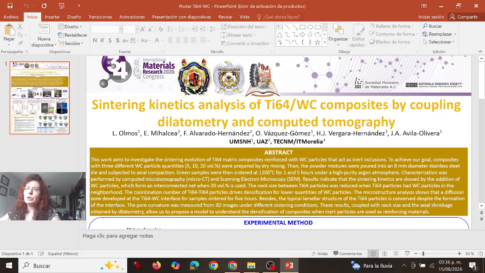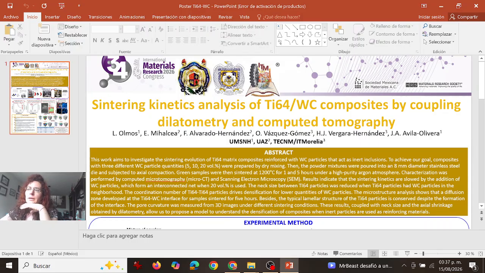The neck size between the titanium-64 particles was reduced when the titanium-64 particle had some of these tungsten carbide particles in the neighborhood. The coordination number of the titanium-64 particles drives densification for lower quantities of tungsten carbide particles.